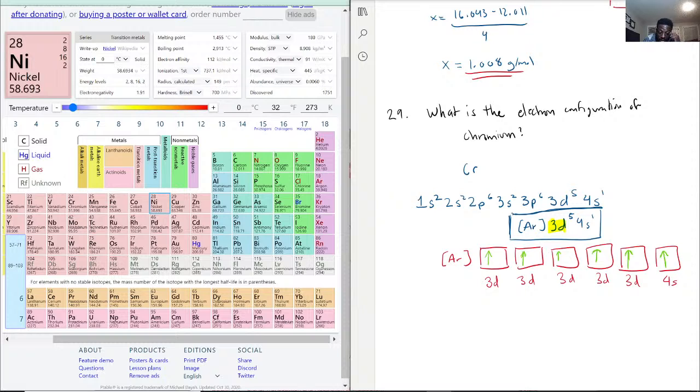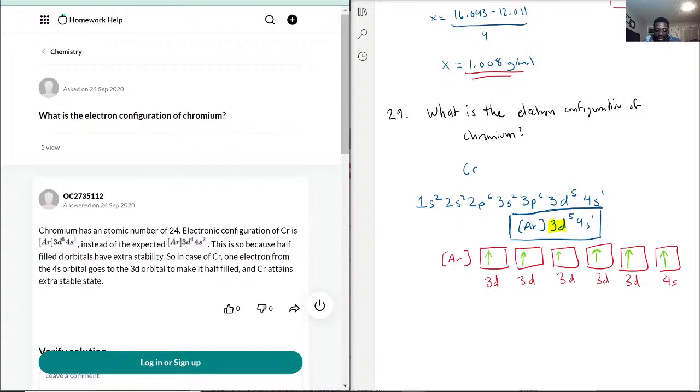I do believe that earlier I did exactly this as an example, and I think I got it from here when I was reviewing the questions. But the point is that the electronic configuration is 3d5 4s1, because of this.